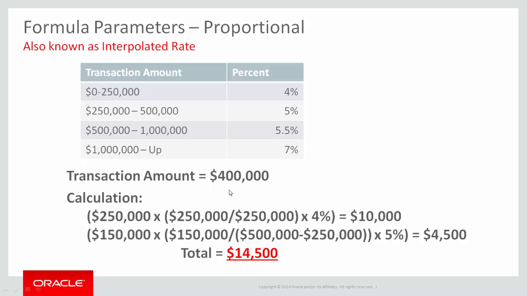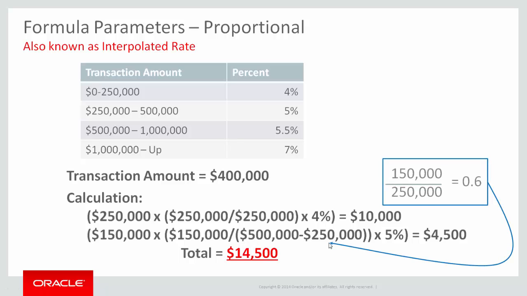Now the question is, how many of those dollars did they make their way into? We know that there was an excess of 150. So they made $150,000 into a total pool of $250,000. And so $150,000 divided by $250,000 means they got 60% of the way into that.